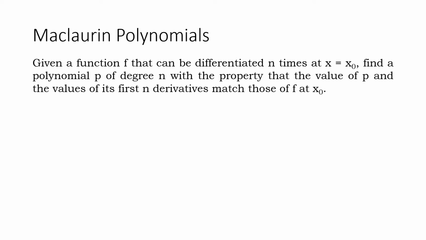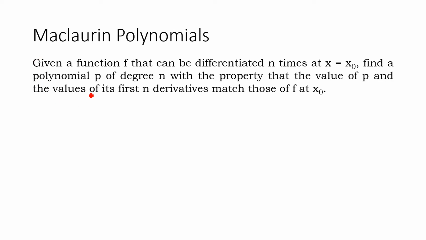Given a function f that can be differentiated n times at x equals x sub 0, find a polynomial p of degree n with the property that the value of p and the values of its first n derivatives match those of the function f at x sub 0. We will begin by solving this problem in the case where x sub 0 equals 0.